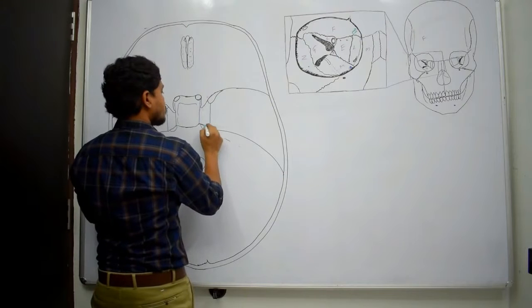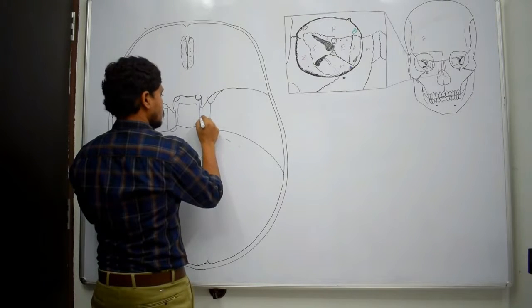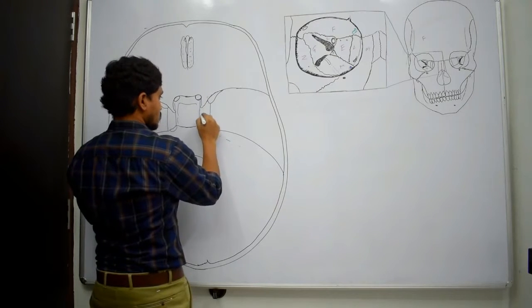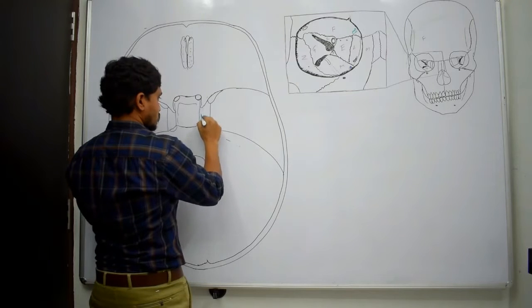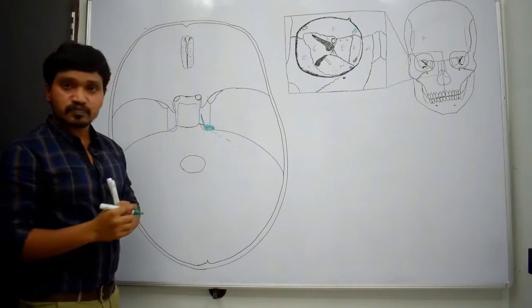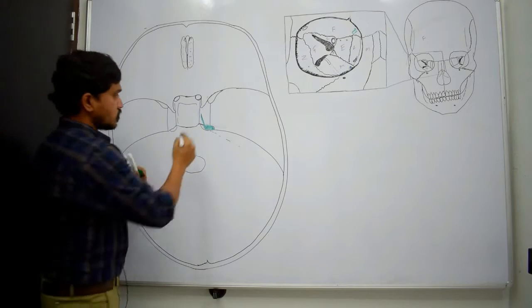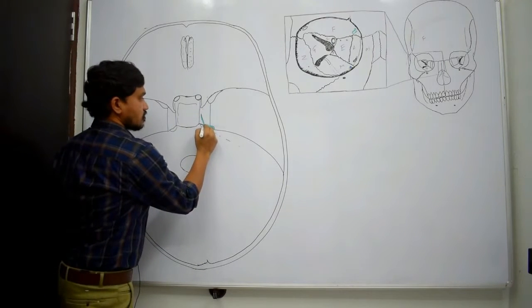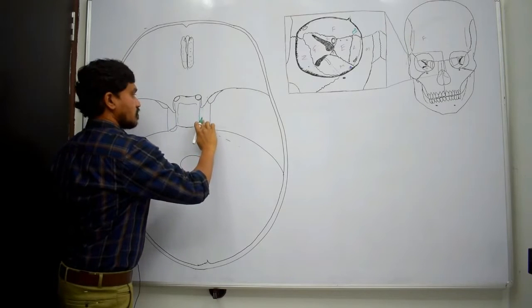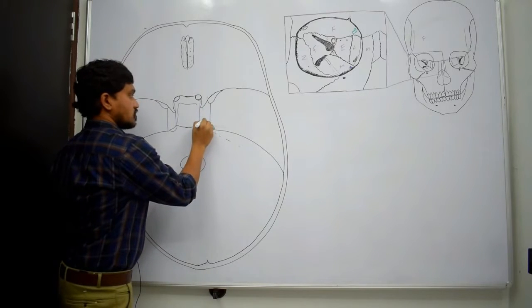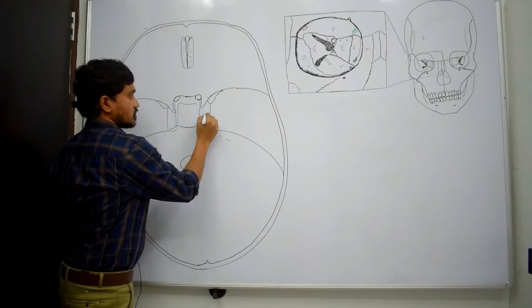One is the ophthalmic division of the trigeminal nerve. Then the maxillary division of the trigeminal nerve, and the mandibular division of the trigeminal nerve. So this nerve is the ophthalmic division of the trigeminal nerve.